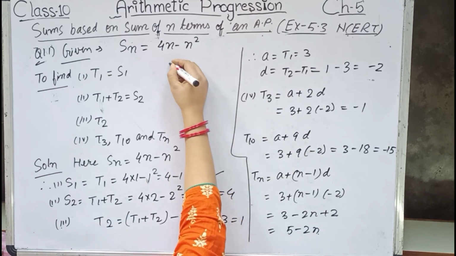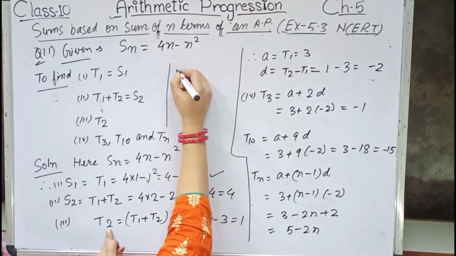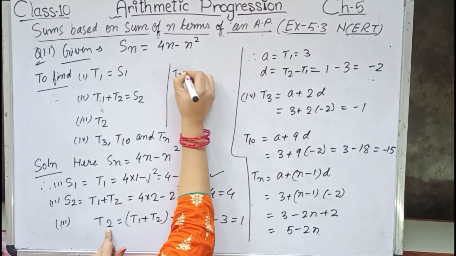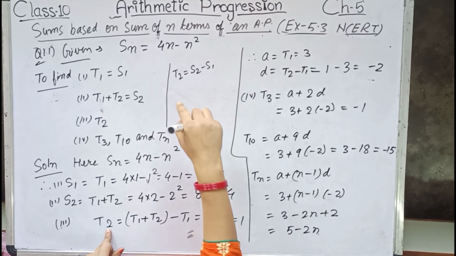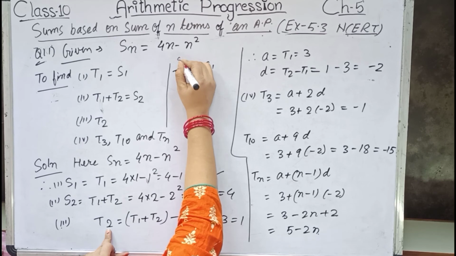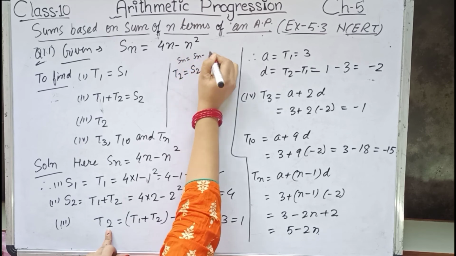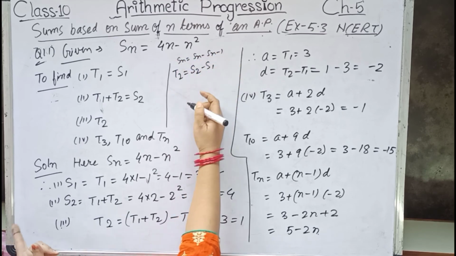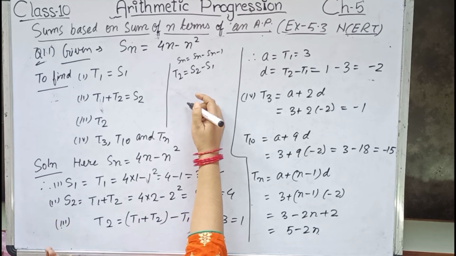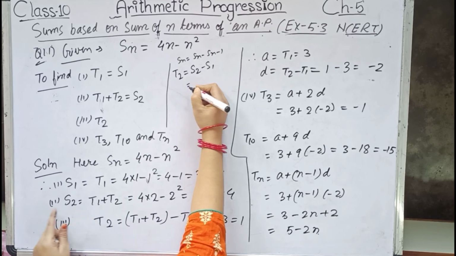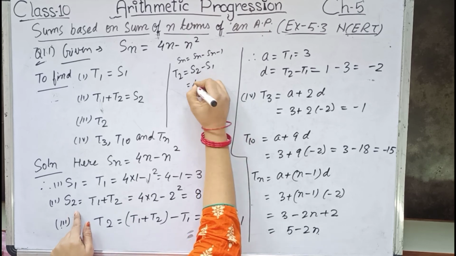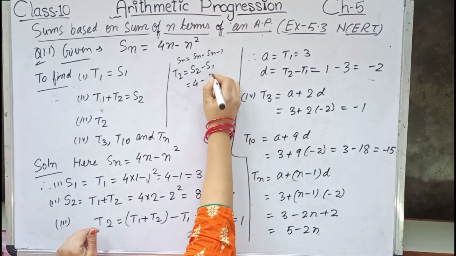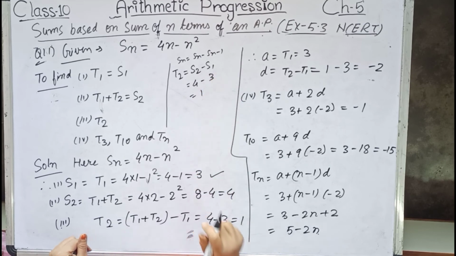Now over here I want to say, children, that we can get the value of T2 as S2 minus of S1 also, using the formula as Sn equals to Sn minus of Sn minus 1. If you remember, I have given one formula. So over here, since we have got the value of this S2 as 4 and S1 as 3, so T2 we can get by using this formula as well. Okay?